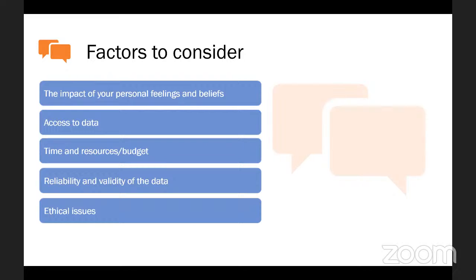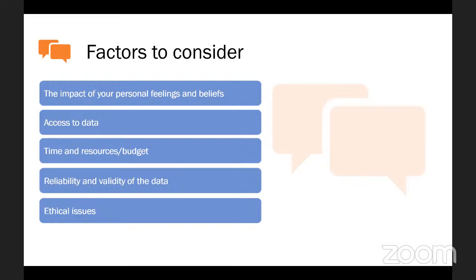So at the end, I want to consider some factors you should consider as a researcher, and these are really important because if you consider these factors, it will help you improve your research. The first one is the impact of your personal feelings and beliefs.